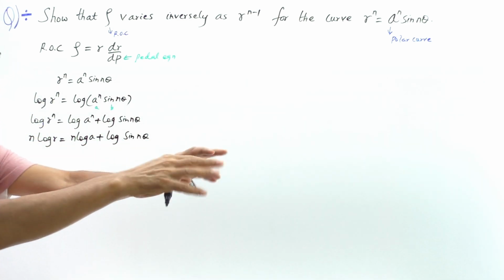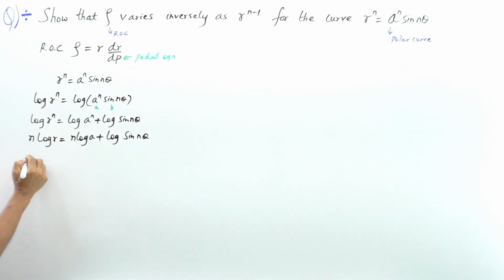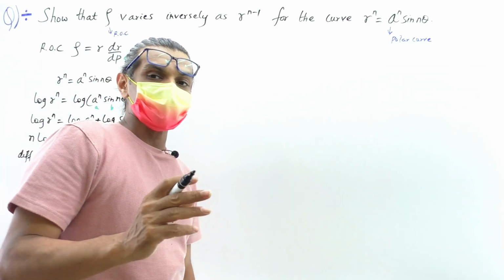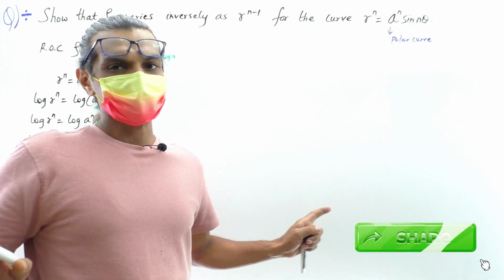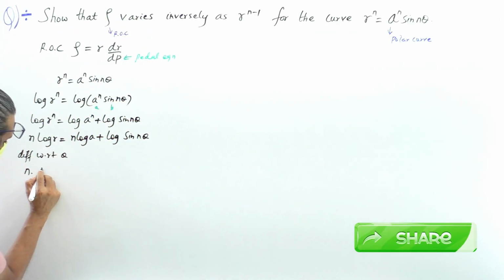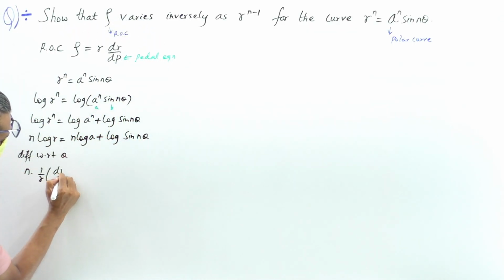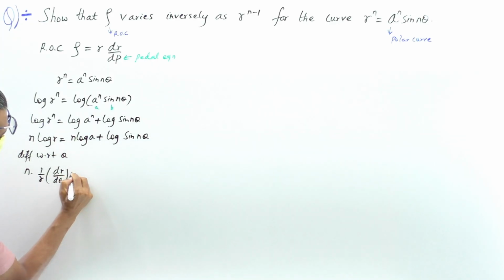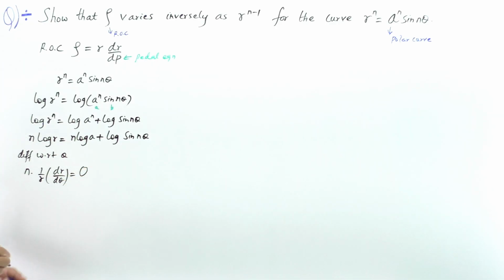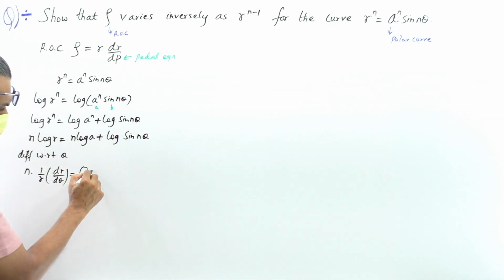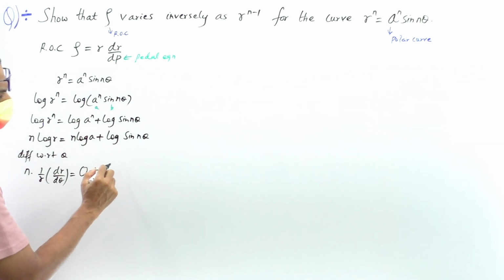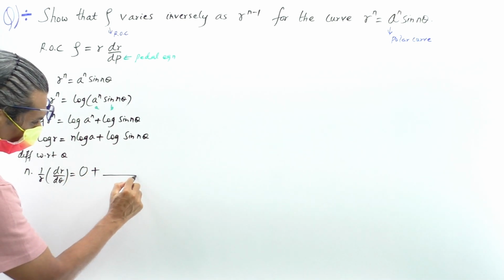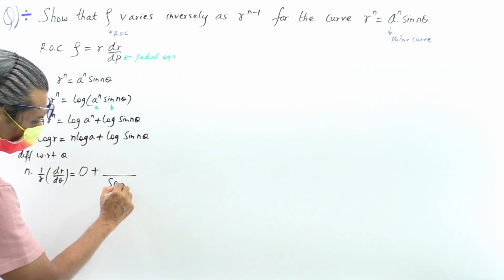Now I can happily differentiate with respect to theta. Here n is a constant. The derivative of log r with respect to theta is always (1/r) dr/d theta. Please remember it. So n times (1/r) dr/d theta equals 0, because the derivative of the constant term is 0, plus the derivative of log of sin n theta, which is 1 by sin n theta.